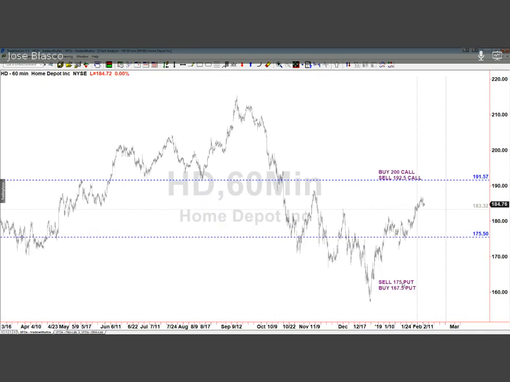So before we launch the session today looking for market opportunities, we'll talk about this Iron Condor on Home Depot that is working fine at the moment, and one more day to go to get into the weekend. I mean, meaning today, Thursday, and tomorrow, Friday, and then we'll be in the weekend.